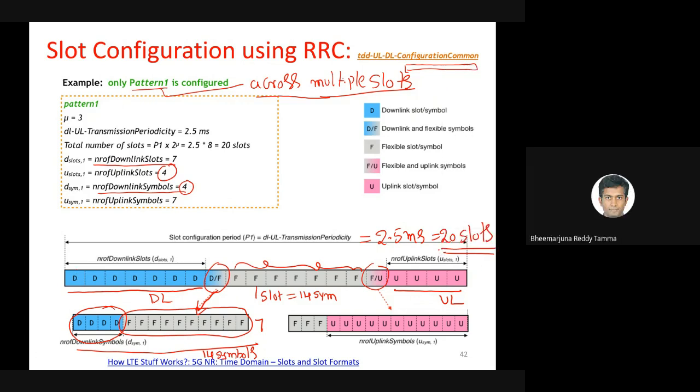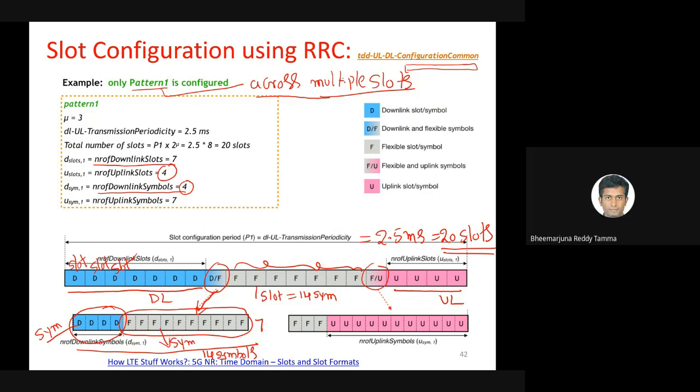Okay, so this is slot 0. Unfortunately, slot and symbol both got the same prefix. This is slot 0. Each of them is a slot, whereas here, each of them is a symbol.